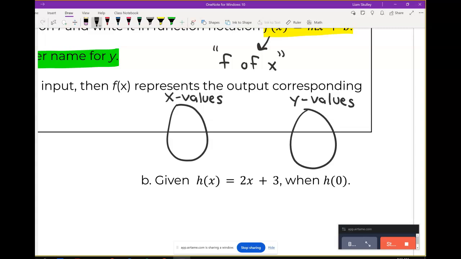Let's pick three numbers, 1, 2, and 3. I'm going to put three numbers over here: 3, 4, and 5.